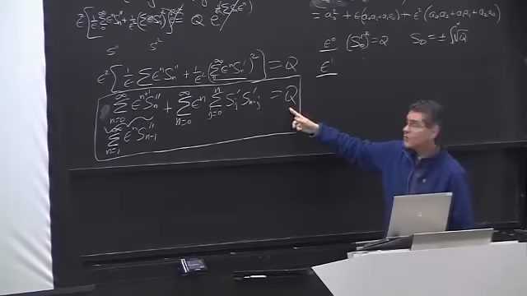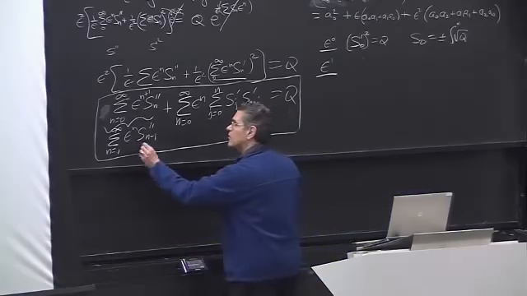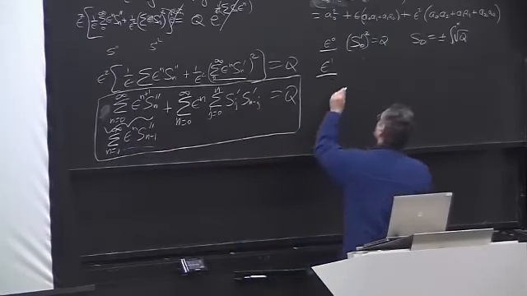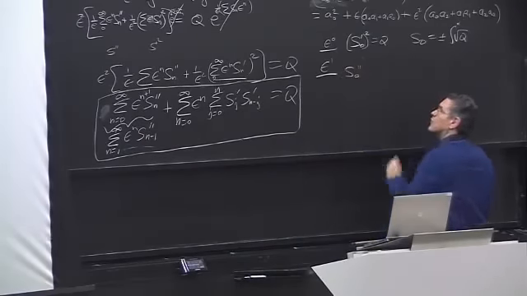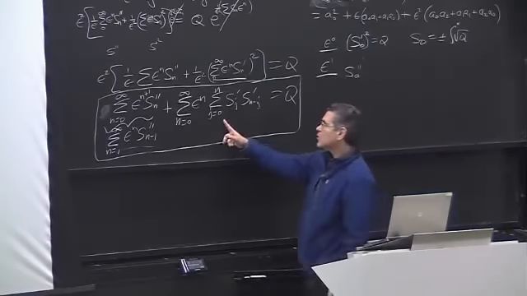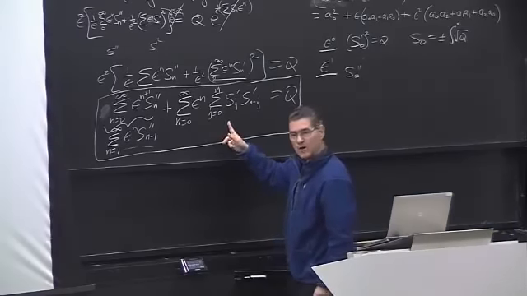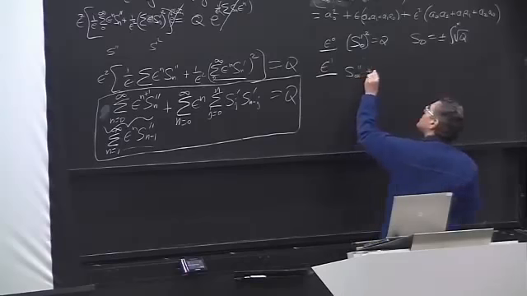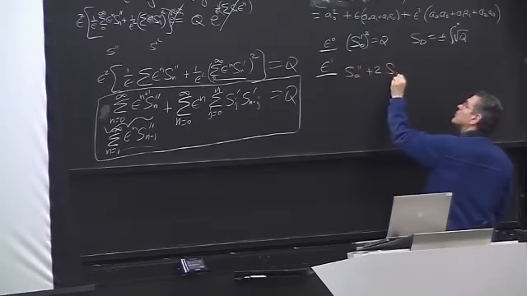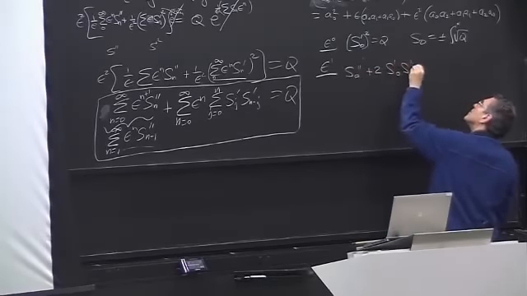So the coefficient of epsilon to the 1 here is just S0 double prime. And the coefficient of epsilon to the 1 over here is 2 S0 prime S1 prime.